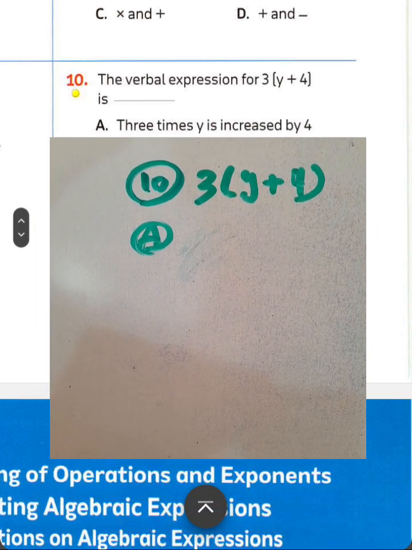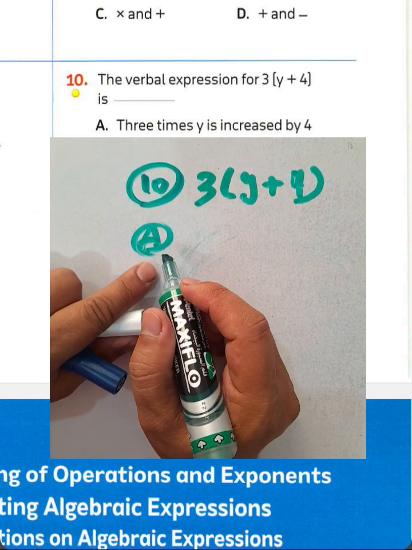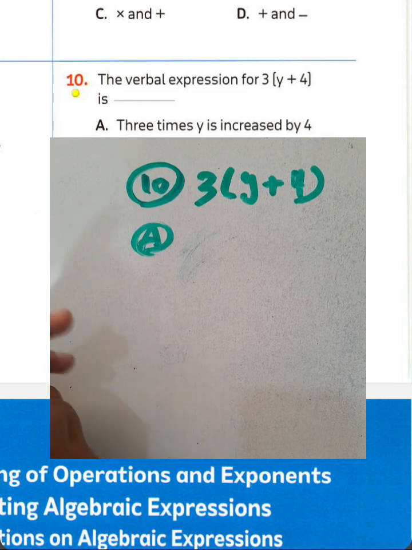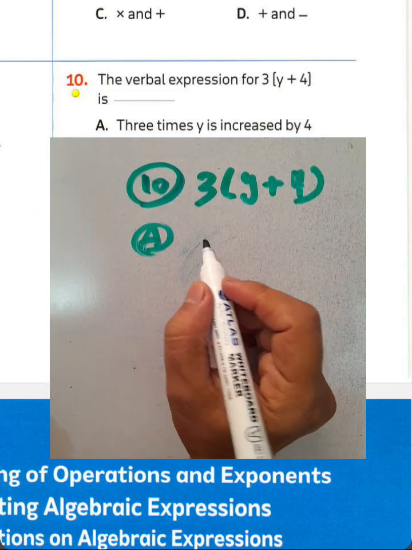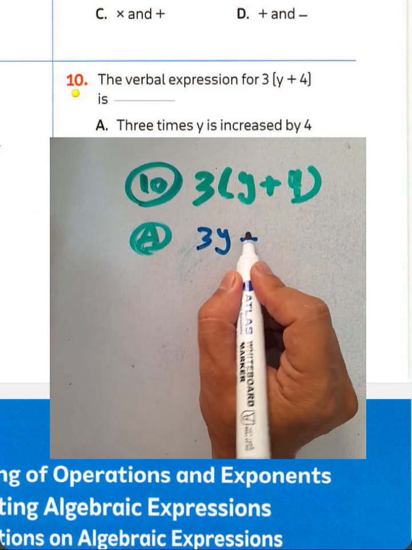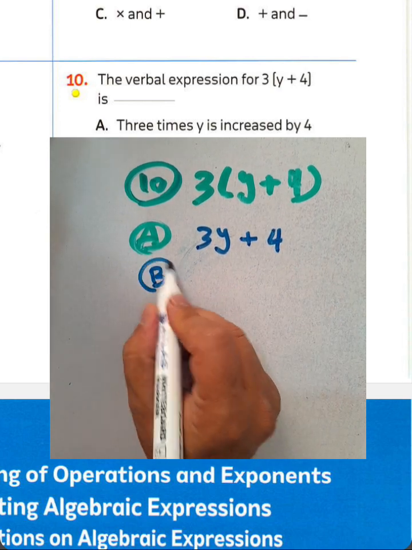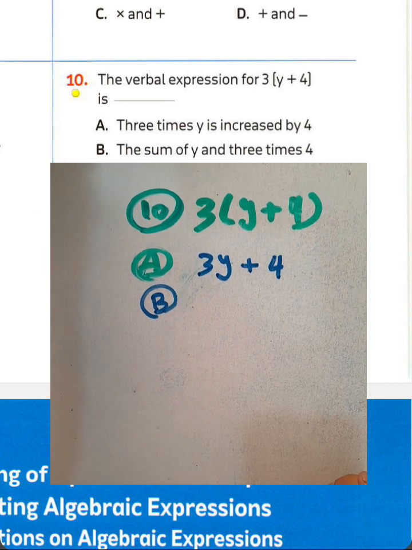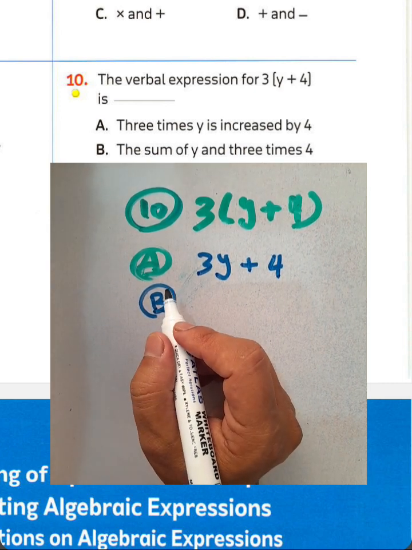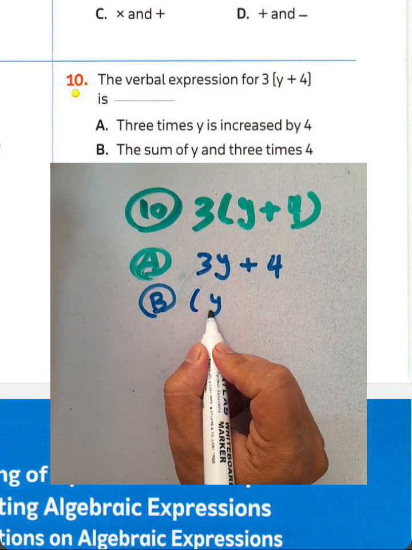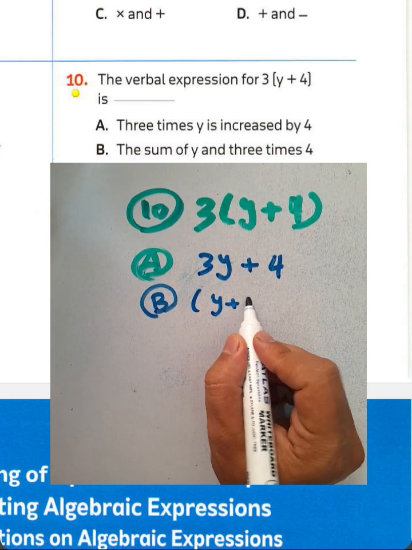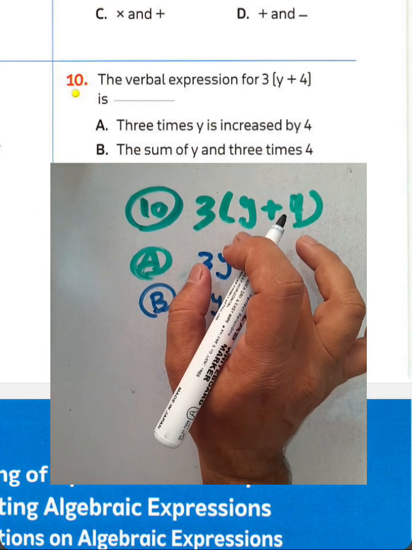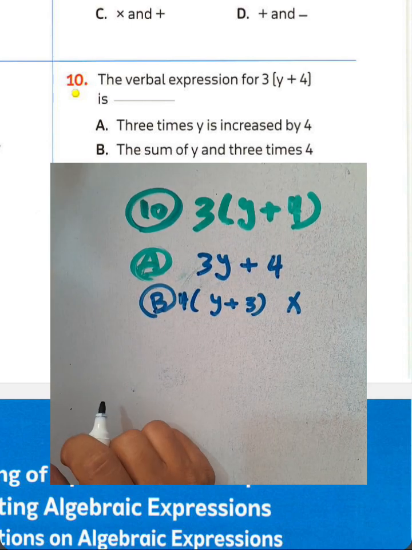Letter A tells us 3 times y increased by 4. This will be 3y plus 4. And what about letter B? The sum of y and 3 times 4. It's false. We want the sum of y and 4, multiplied by 3.